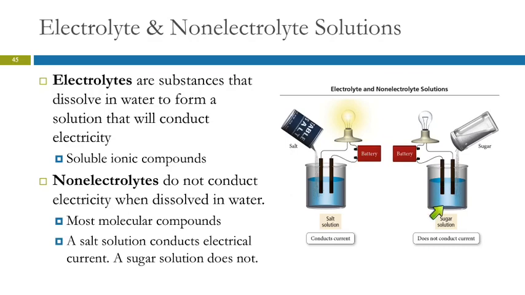If you put sugar in water, the light bulb will not light up. Sugar is a molecular compound. It does not form ions in water, and so there's nothing to conduct the electricity. So that's called a non-electrolyte. They dissolve, but they don't conduct electricity. Most molecular compounds are non-electrolytes.